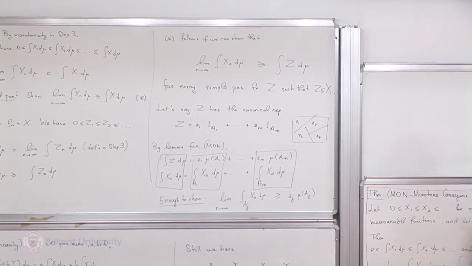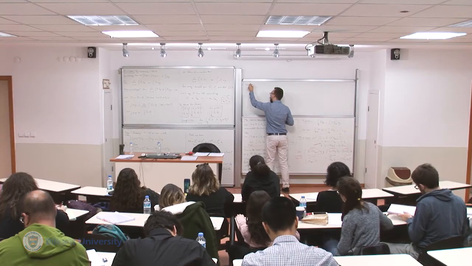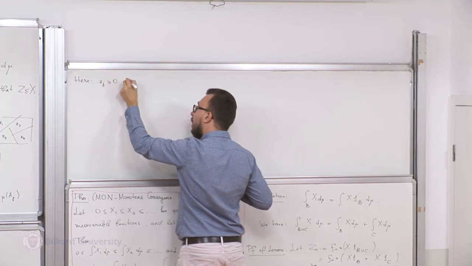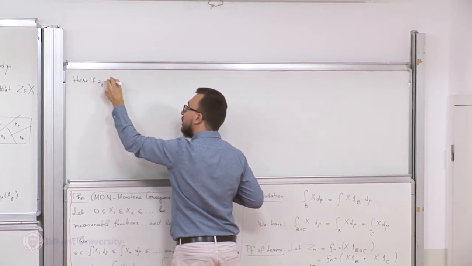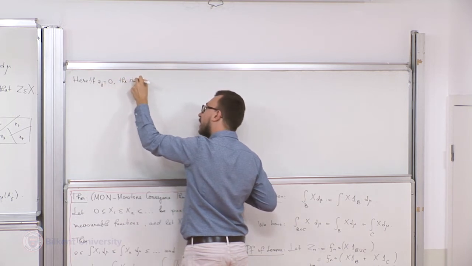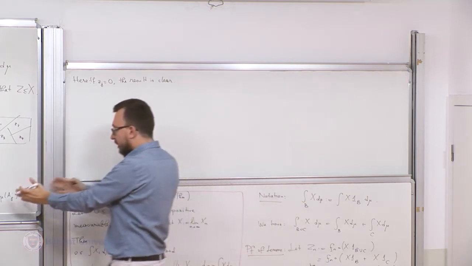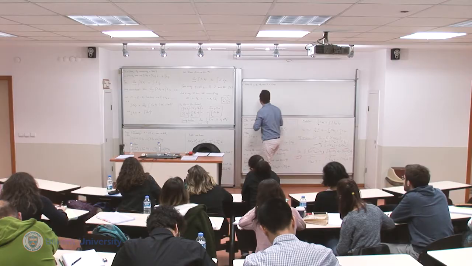Okay. And here, if Zj is 0, the result is clear because this part is just 0 and this is just the limit of integrals of positive functions, so it is always at least 0.